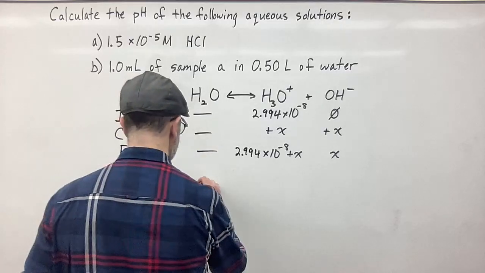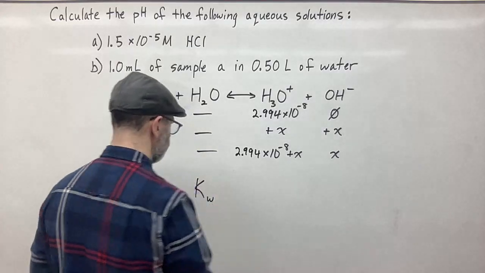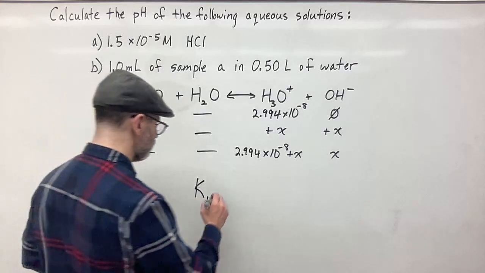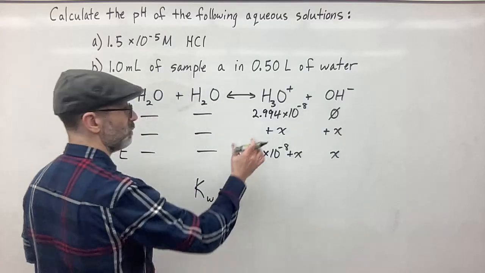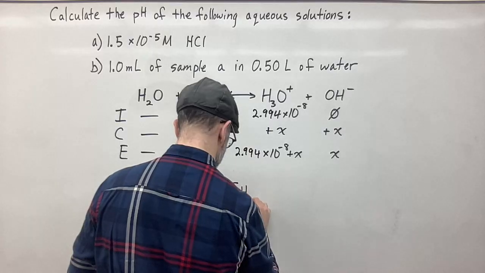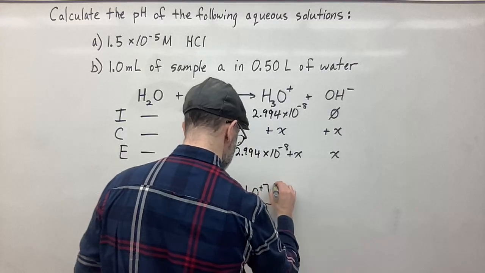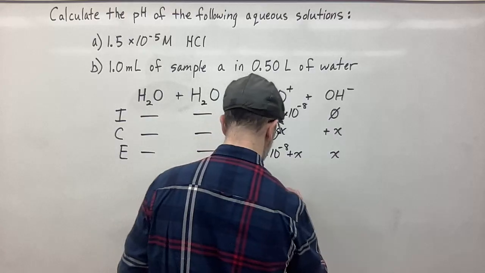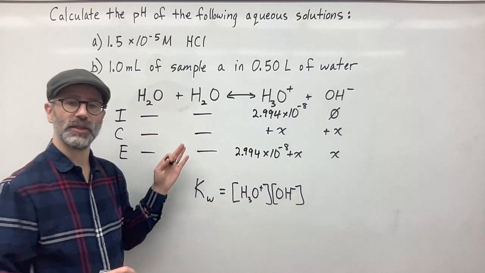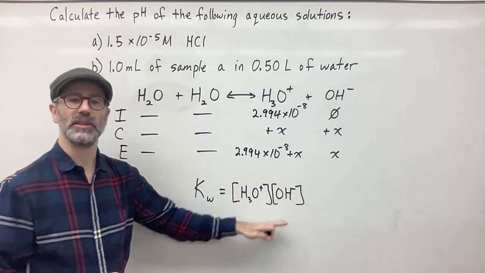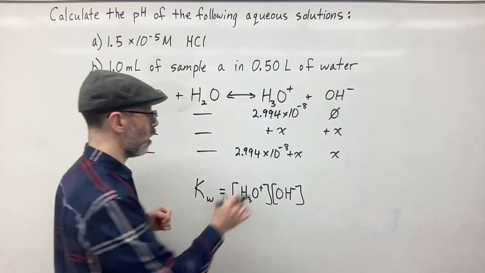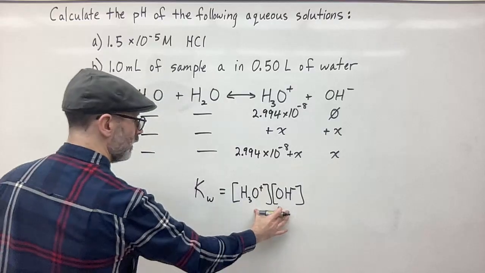So it's going to simply be Kw, which is for the auto ionization of water, equal to the concentration of H plus, or the hydronium ion, H3O plus, times the concentration of the OH minus. Since liquid water is the reactant, we don't put that on the bottom. So this is your equilibrium expression for the auto ionization of water. And so all we have to do is put these into here.